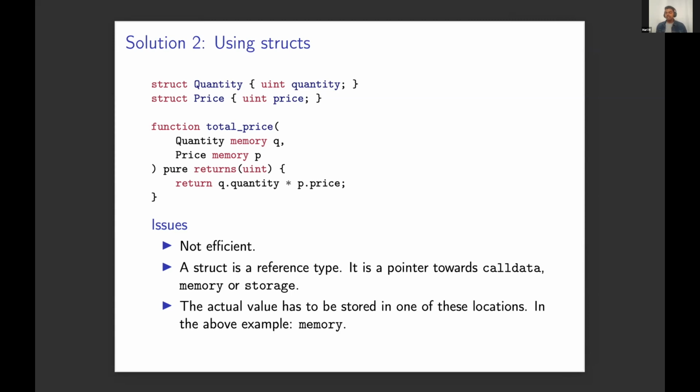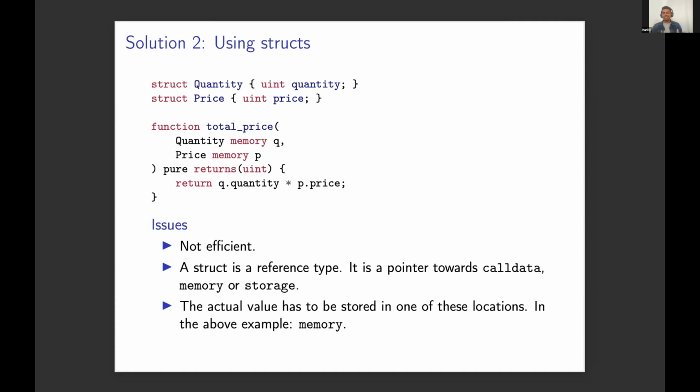And now you can write the same function, but the arguments are now structs instead of elementary value types. So the code is much more type safe than the previous one. And you can no longer assign quantity to price or vice versa. That would be a type error.